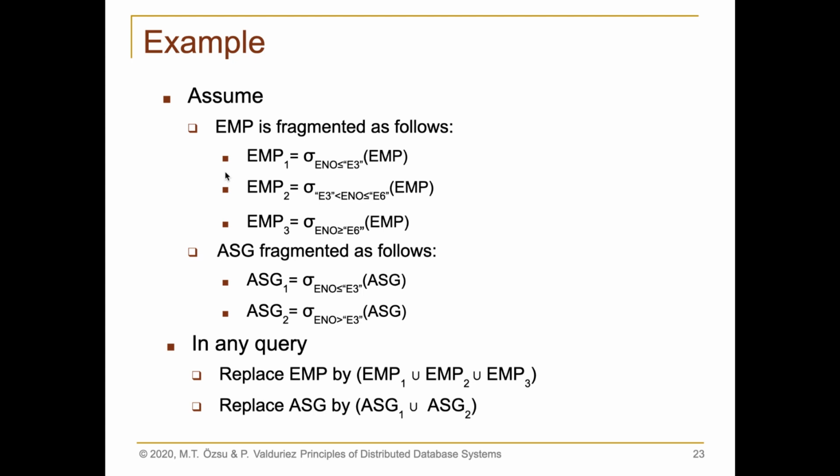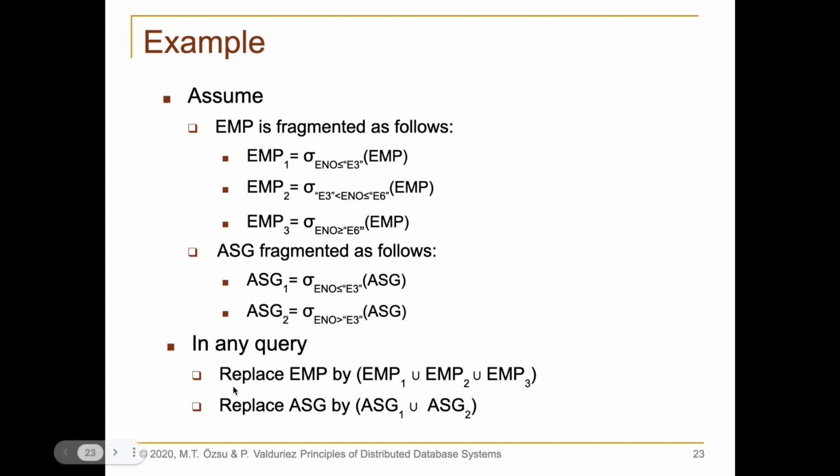Let's take one example here. We have a relation employee, which is fragmented horizontally as follows. And also, let's say we have a relation assignment, which is fragmented into two sub-relations based on this primary horizontal fragmentation criteria.